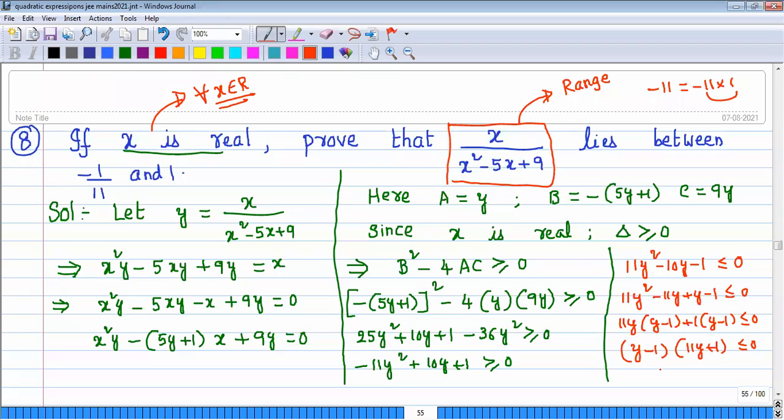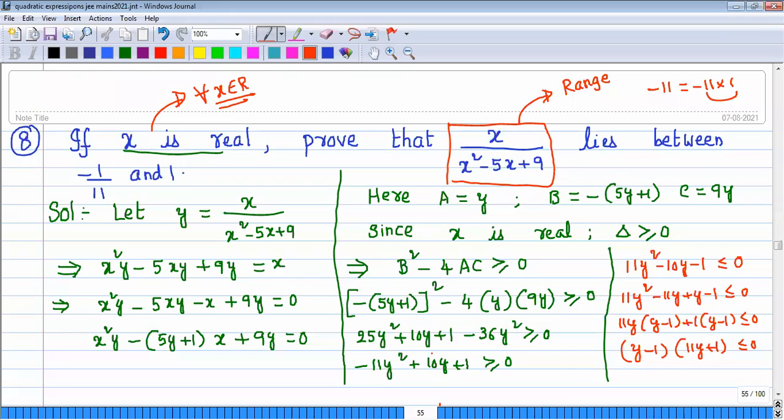So first we need to find out the roots of the corresponding quadratic equation to the given inequality. If you equate (y minus 1) into (11y plus 1) to 0, we get y equal to minus 1 upon 11 and y equal to 1. Those values we shall get.